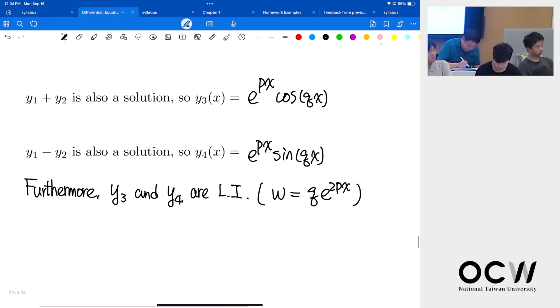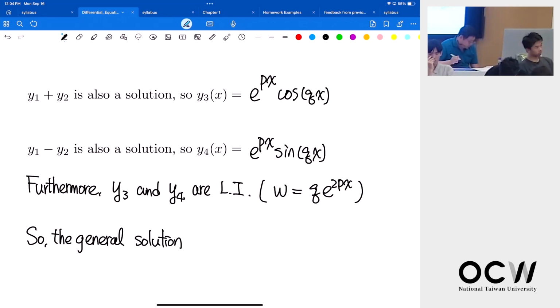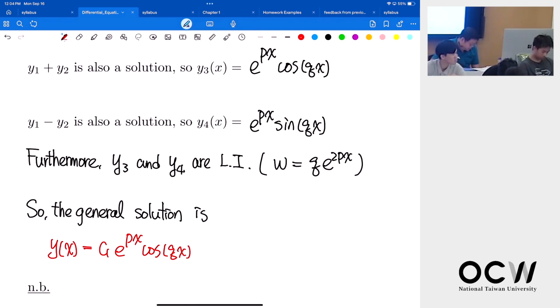So the general solution is y of x equals c1 e to the px cosine qx plus c2 e to the px sine qx.